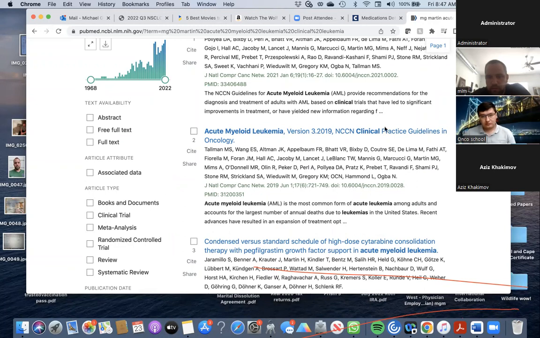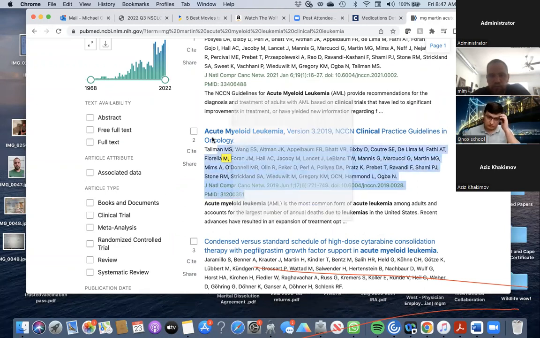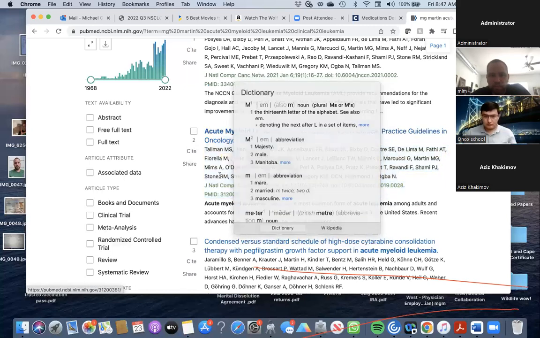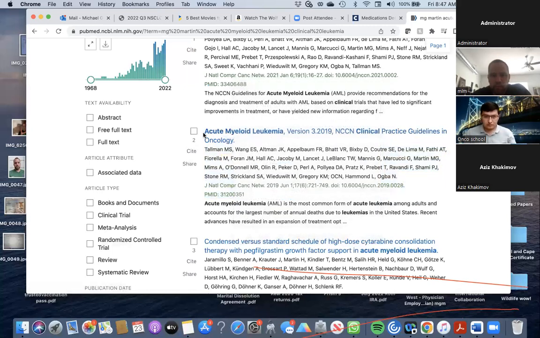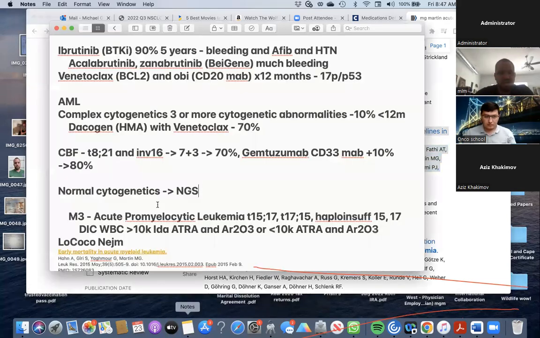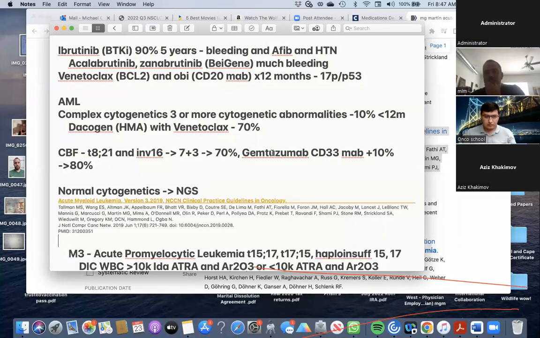So here's another one of my publications on acute myeloid leukemia that you can reference if you would like. It goes through all the individual cytogenetics and how to treat them as individuals based on that.